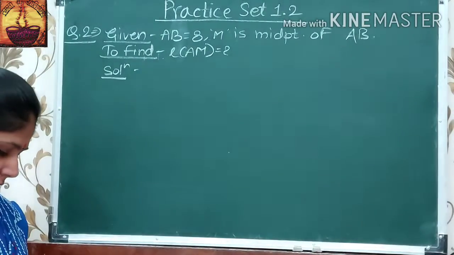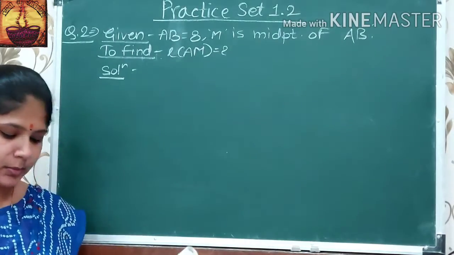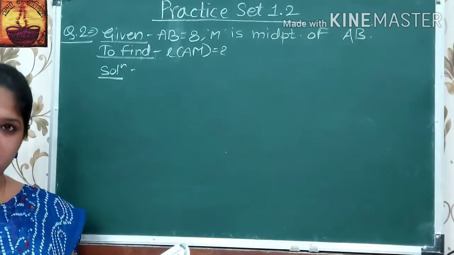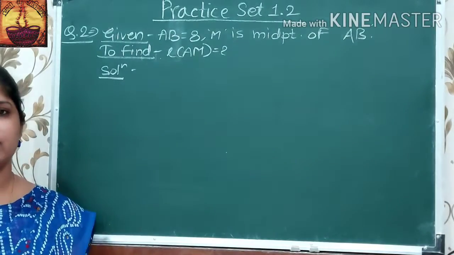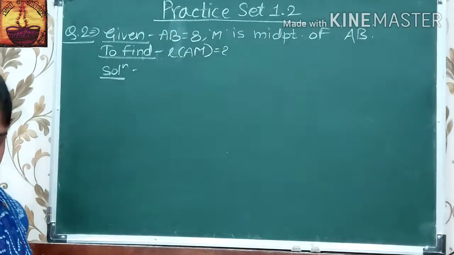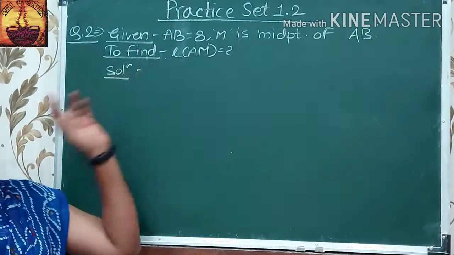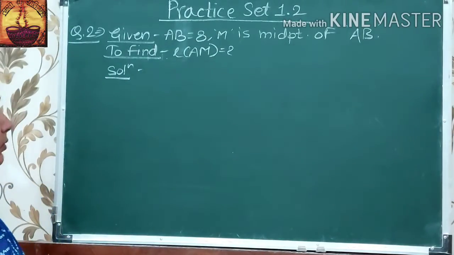Now question 2 is, point M is the midpoint of segment AB. If AB is equal to 8, then find the length of AM. Let us write here given AB is equal to 8 and M is the midpoint of AB. And we have to find length of AM.